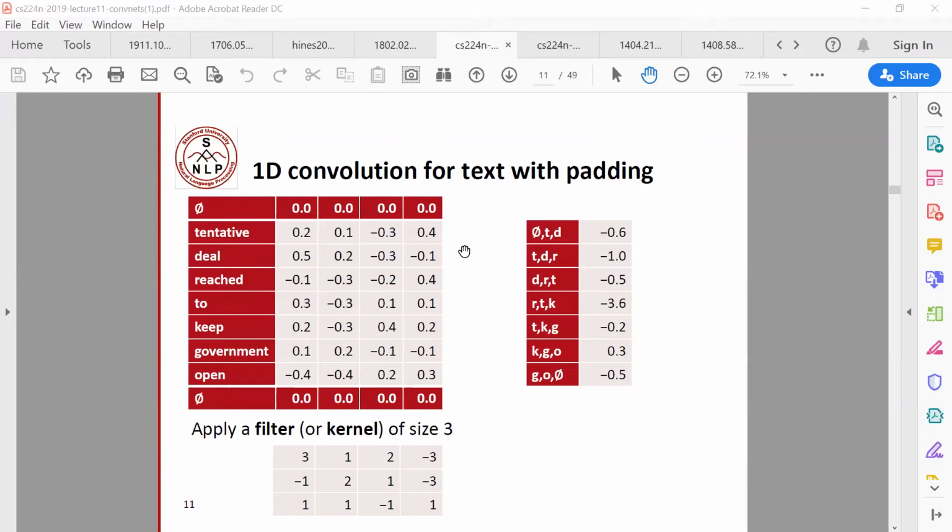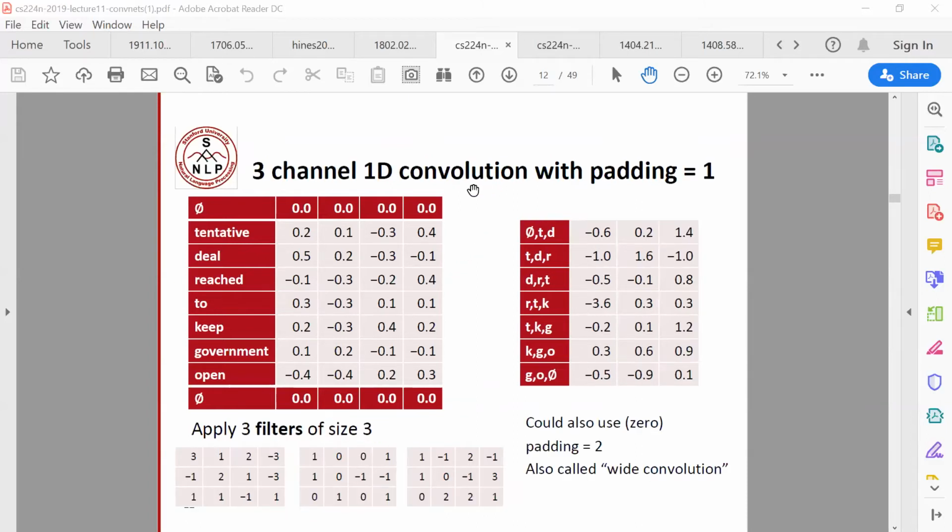Okay, so that's the concept of 0 padding, and now the concept of more than 1 channel. There's no reason why you're limited to 1 filter. You can apply three filters of size 3, and then you would get 1 column for each filter.